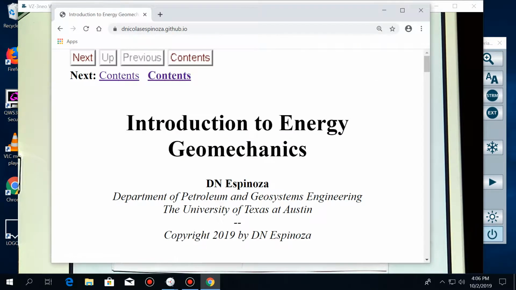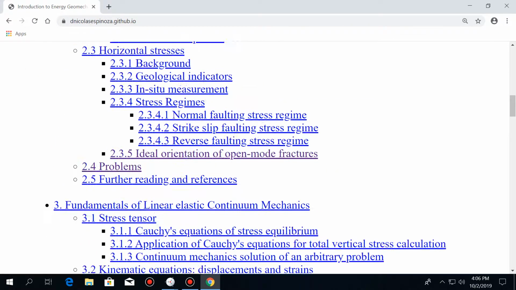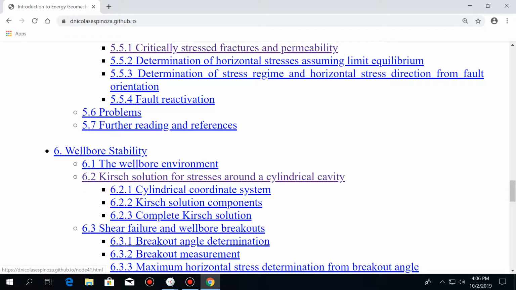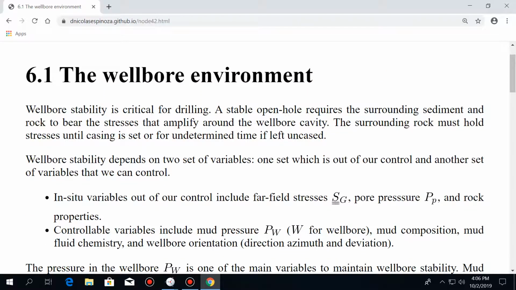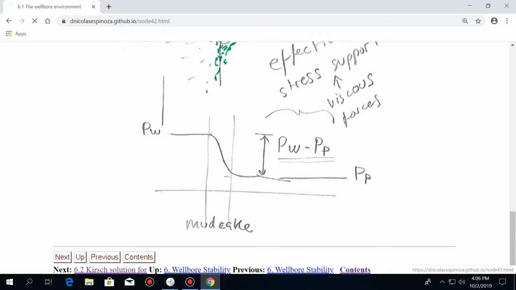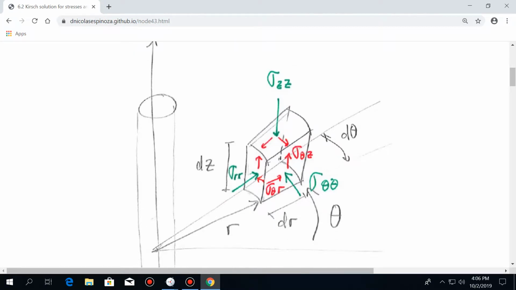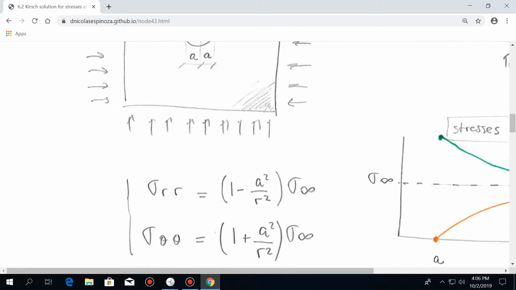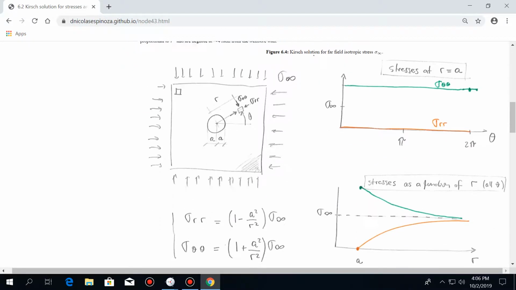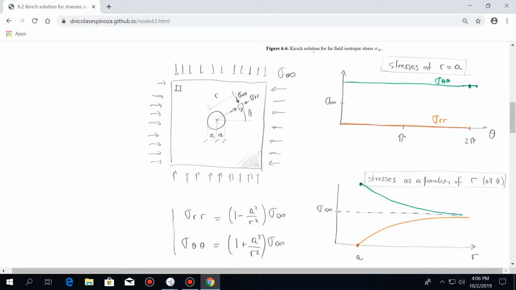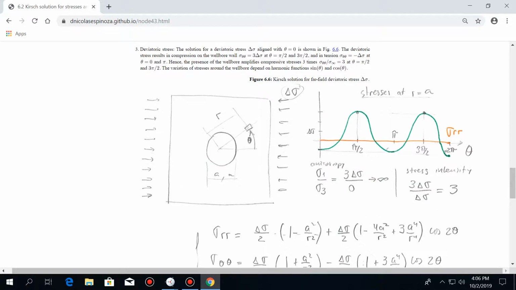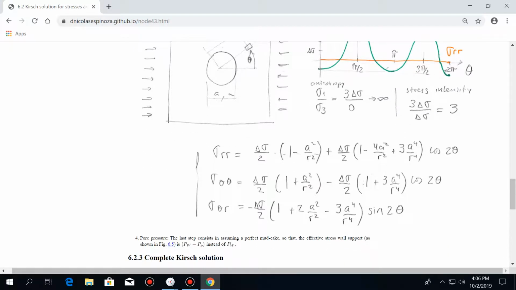I'm not going to discuss in this class all the details about wellbore stability, but you can go to chapter number 6, and in here you will find everything you need: the Kirsch solution, an explanation of cylindrical coordinates, the solutions for each action, either in a far field stress, a pressure inside the wellbore, or a differential stress around the cavity.